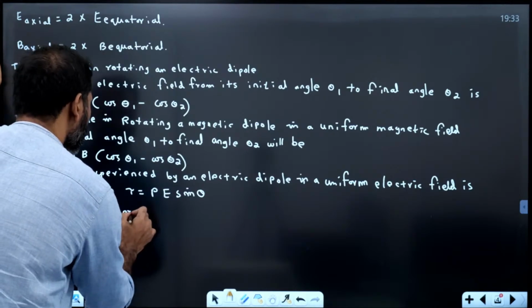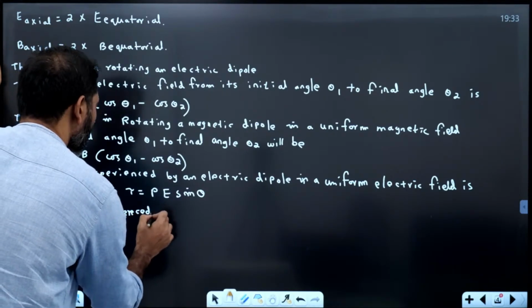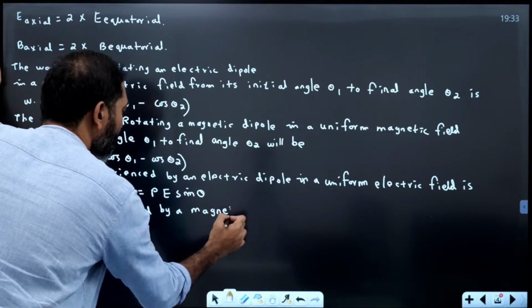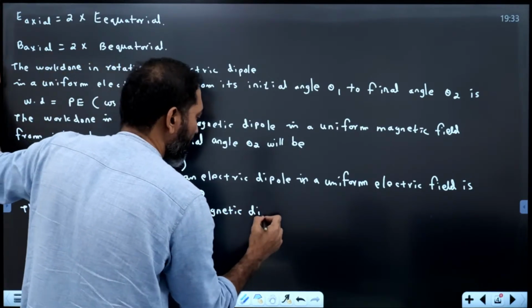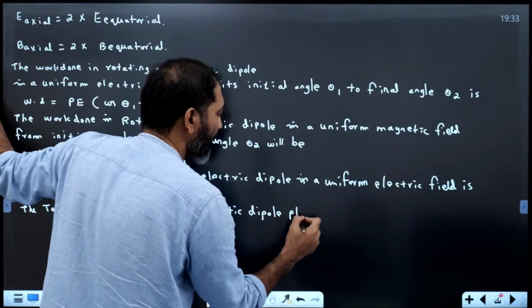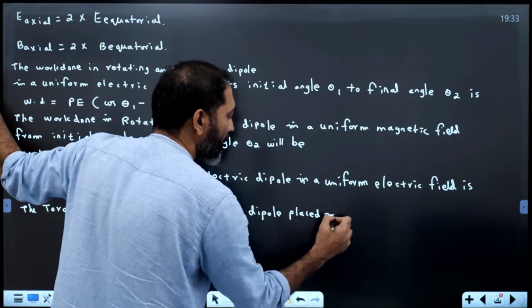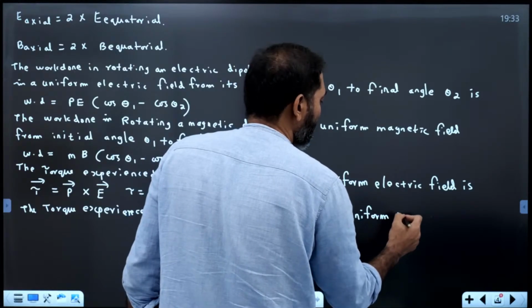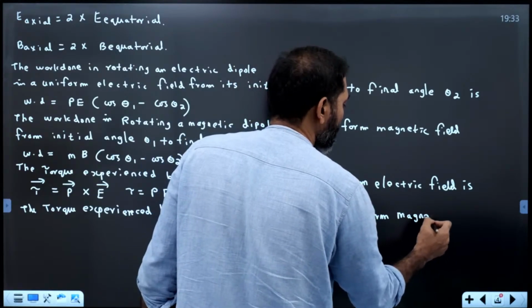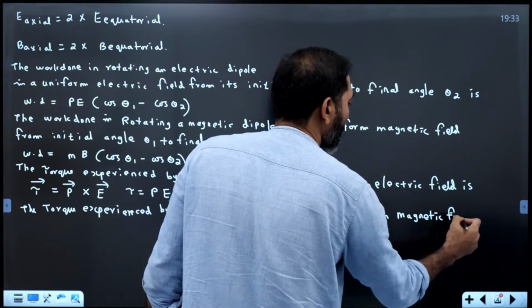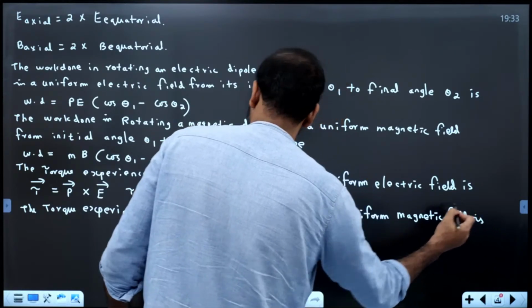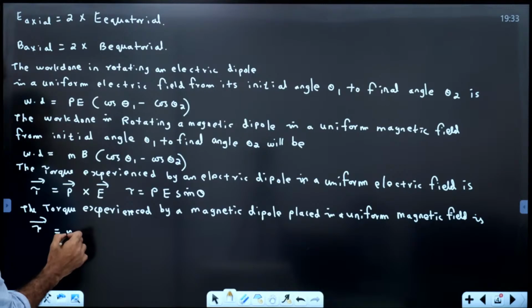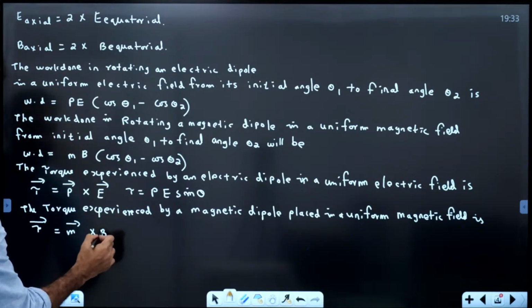The torque experienced by a magnetic dipole placed in a uniform magnetic field is torque tau vector equal to M vector cross B vector.